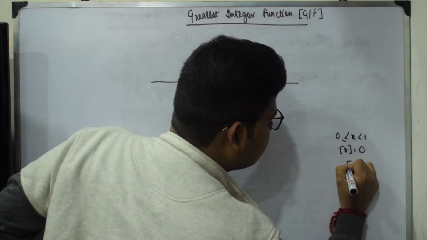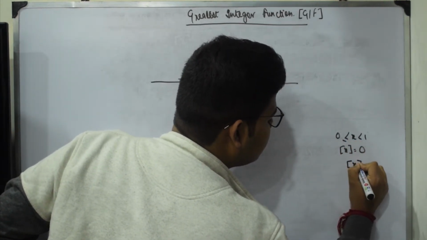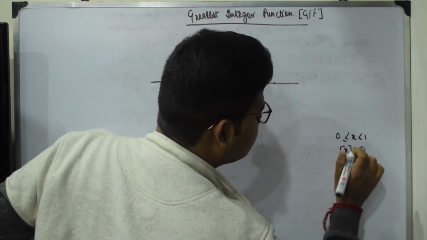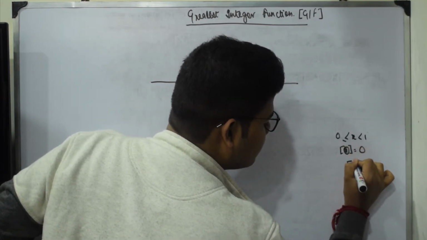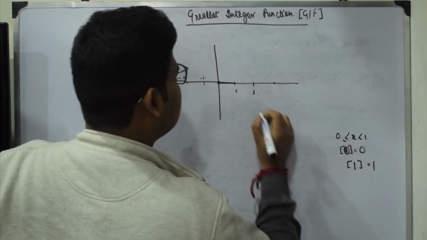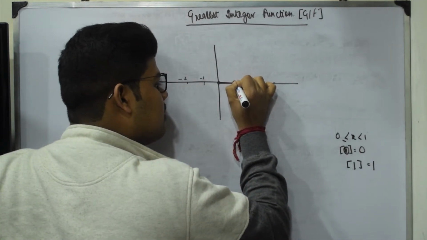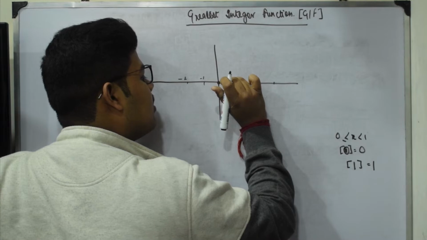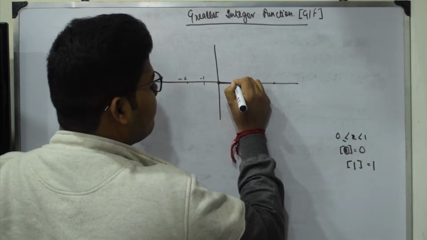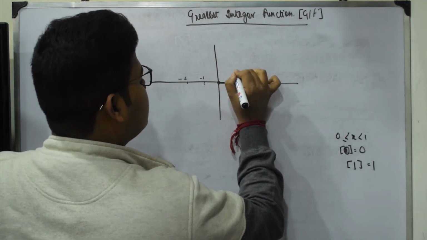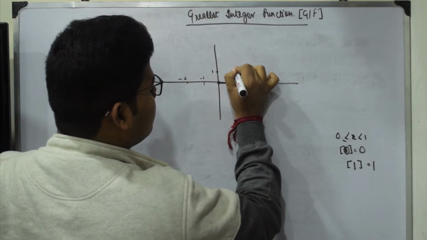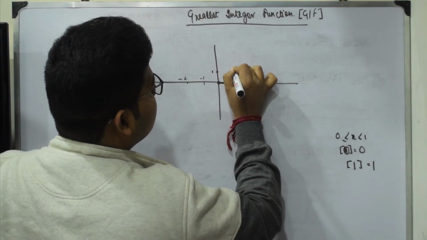But the greatest integer function of 1 is 1, so here there will be an open circle, and for 1 we will get 1 here, we will fill it here.